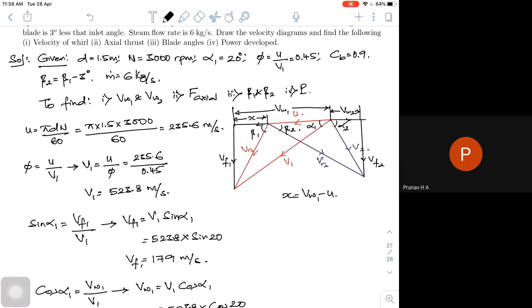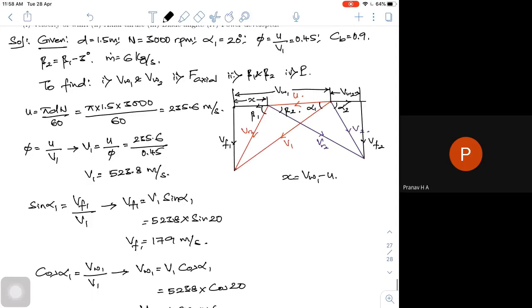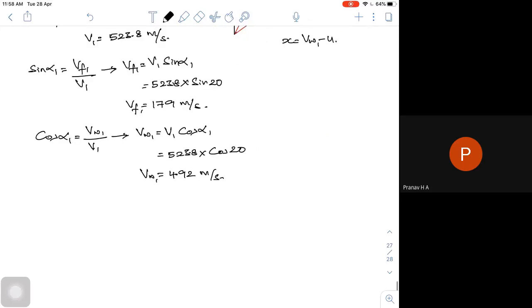Tan beta 1 is equal to Vf1 divided by x. That is your opposite side by adjacent side. So from the same inlet velocity triangle, I can write tan beta 1 is equal to Vf1 divided by, that is Vw1 minus u.